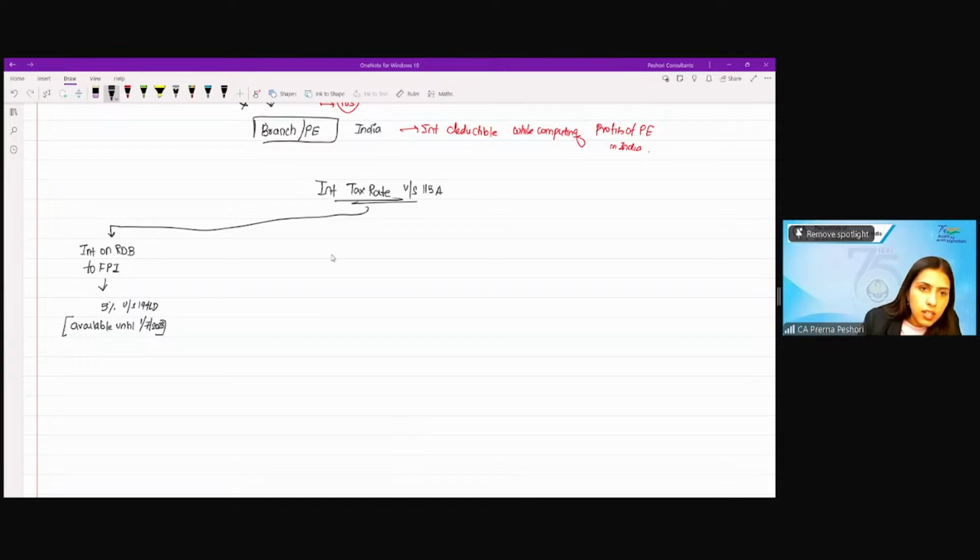So interest on bonds or money borrowed which is denominated in foreign currency, it is going to be 20%. Are we clear?